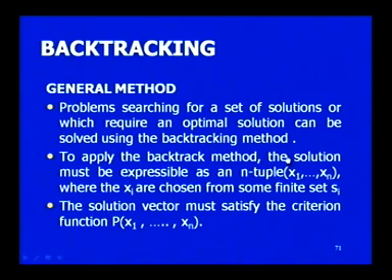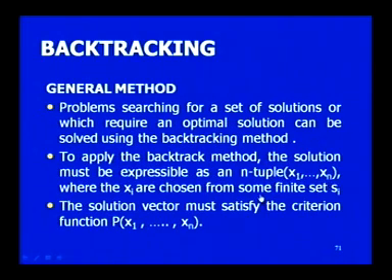To apply this, we are going to define the solution as an n tuple. These are the different solutions for the problem. The different solutions are coded in this particular form from x1 to xn.